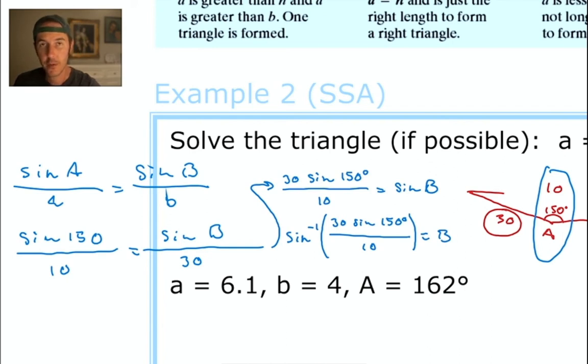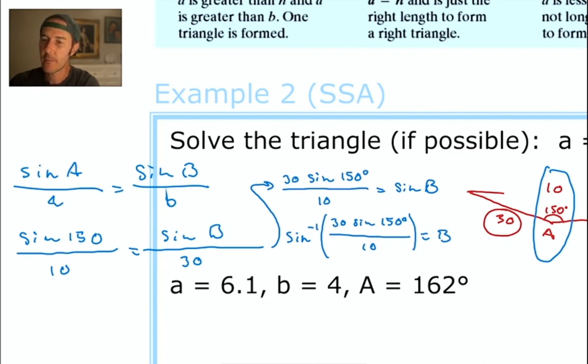Make sure your calculator is still in degree mode, and let's see what we get for angle measure B. I'm going to use my graphing calculator because it's so much easier to type it in. I'll try to go back and forth between calculators. So I'm hitting the second button, the sine button, which puts a little inverse sine on my screen. 30 times sine 150.